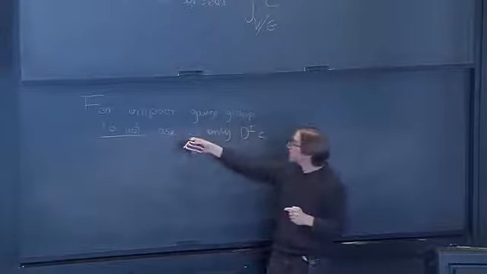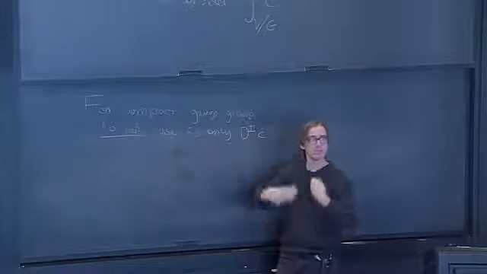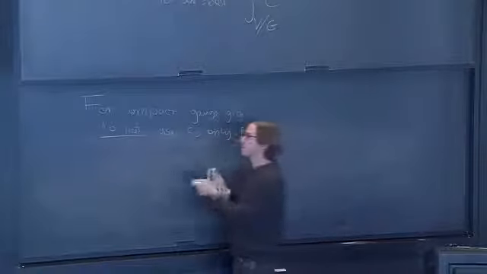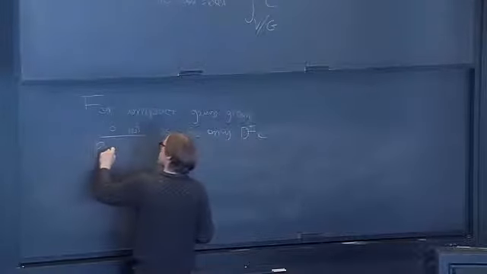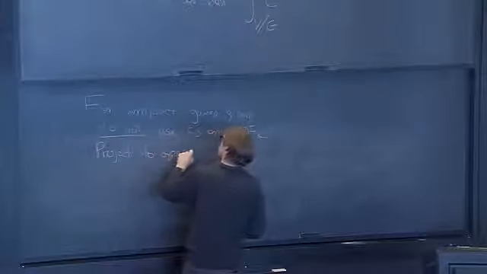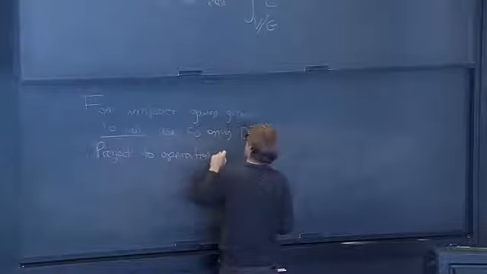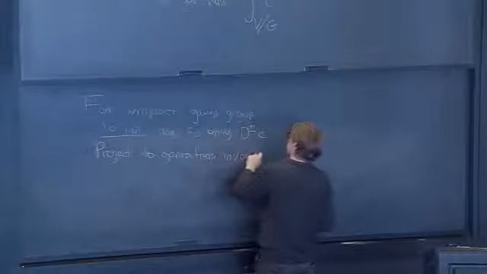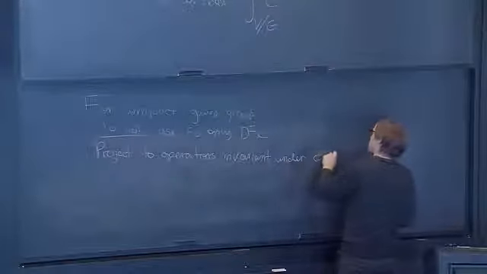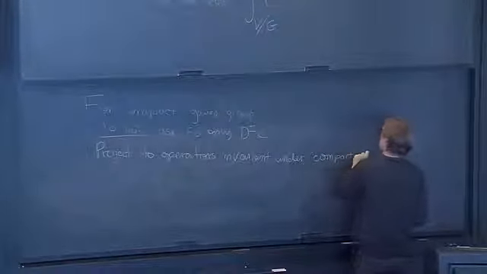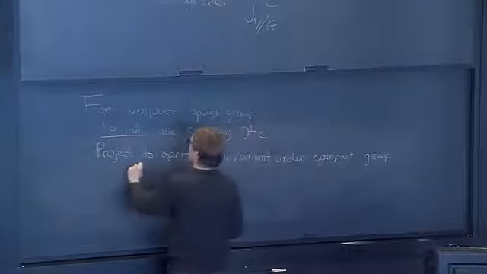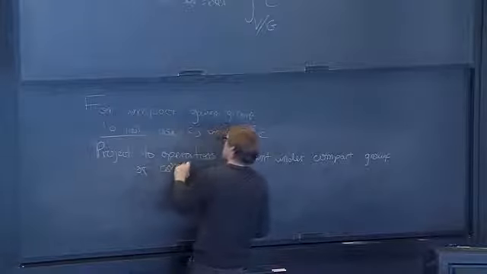So to do gauge invariance for the constant gauge transformations, because these form a compact group, we just project onto the operators invariant under a compact group of constant transformations.